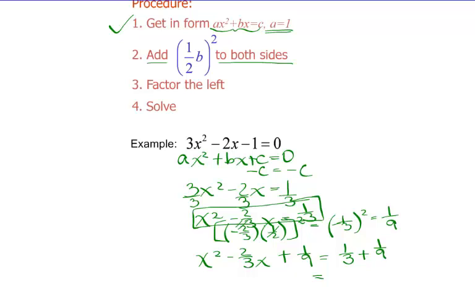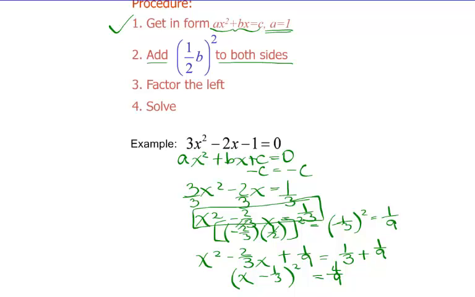Now I want to factor the left-hand side, and it's going to be a perfect square trinomial. Something that when I add outside and inside, I get negative 2/3, and when I multiply the last two terms, I get a positive 1/9. So there's how the left side is going to factor. And then I want a sum, just one constant, on the right-hand side.